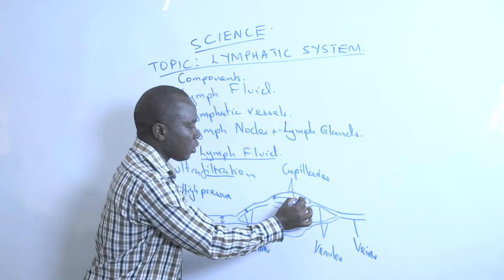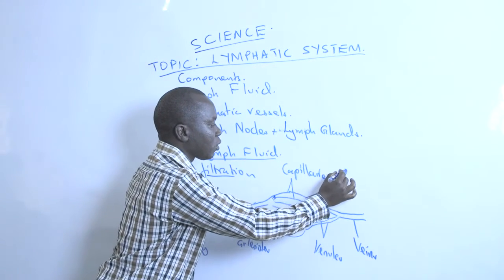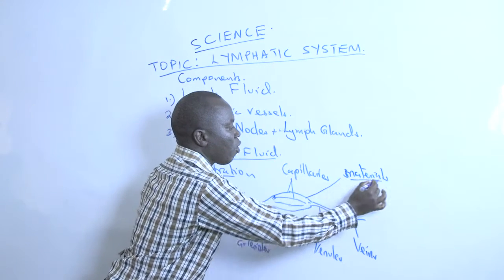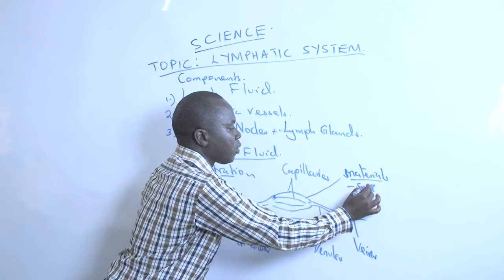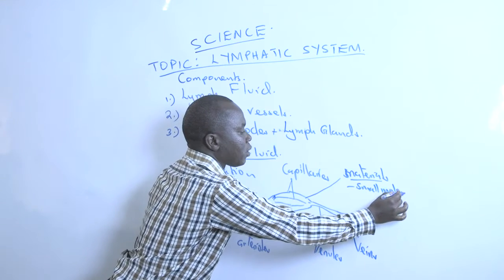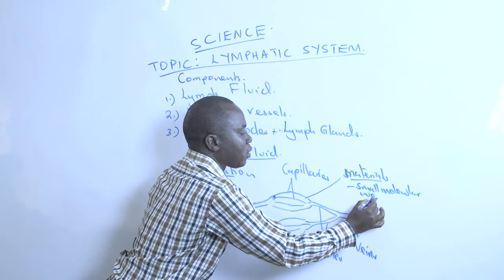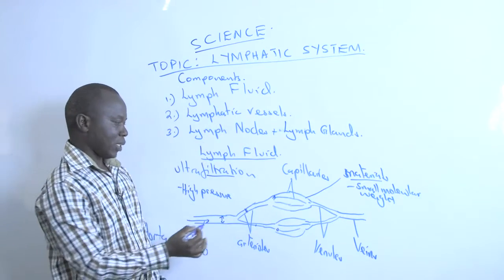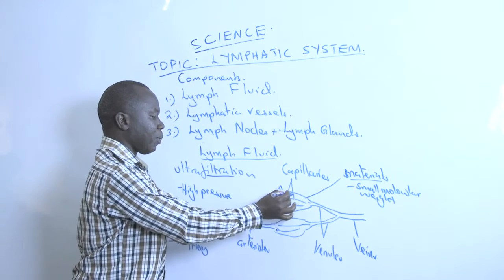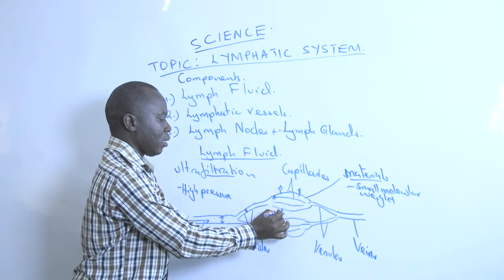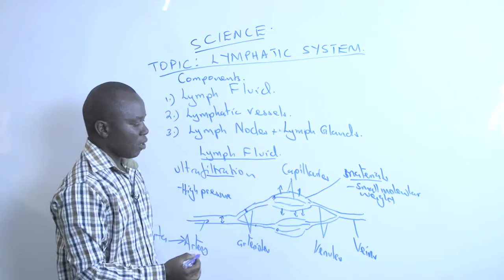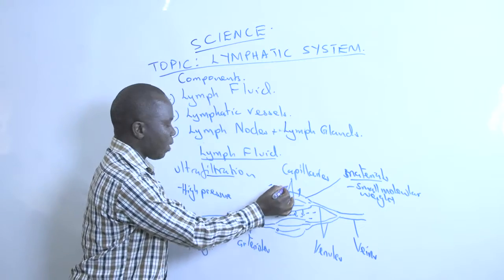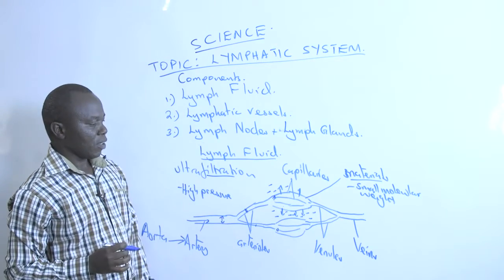In this filtration, small materials of small molecular weight will pass from the capillaries. They will get out of these capillaries, forming part of the fluid that we are talking about, the lymph fluid.